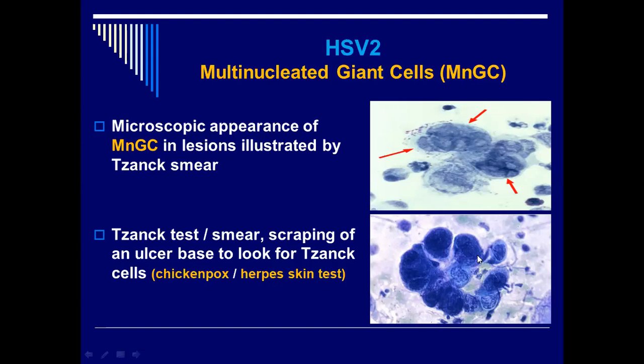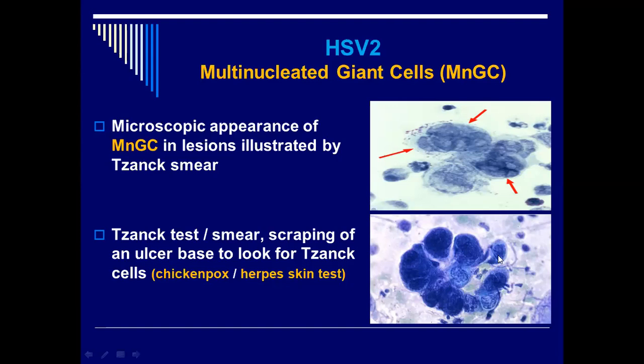Now, the smear or the scraping of the ulcer base, how does it look? You see, this is 1, 2, 3, 4, 5, 6, 7, 8 nuclei, the multinucleated giant cells that we can see with the help of the Tzanck smear. So if you have a history of vesicular lesions on the skin, and you make a smear from the skin lesions and stain it with the Giemsa stain, methylene blue stain, or Wright stains, a technique known as Tzanck's technique, you can see the multinucleated giant cells in these smears.